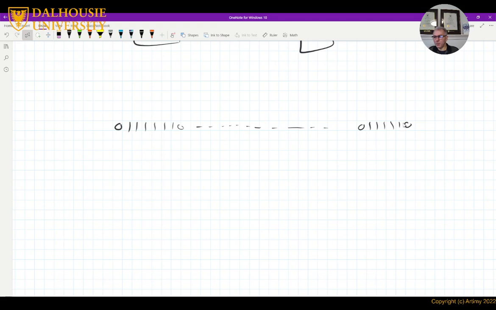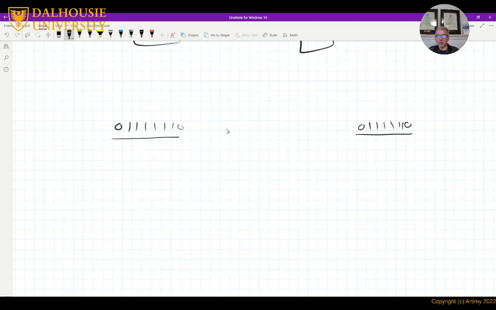So that's a proper frame. It has a starting flag and an end flag and a sequence of bits in between. And the sequence of bits, because of bit stuffing, doesn't include any 0610, so they are good.